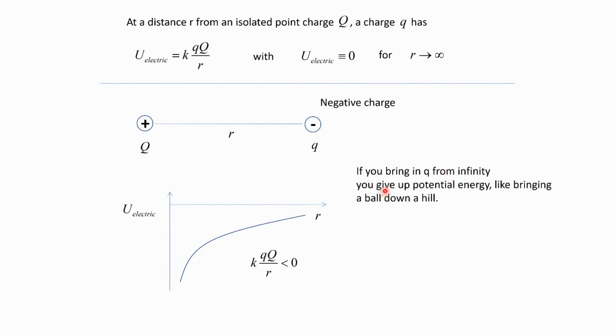If you bring in a charge from infinity, you give up potential energy, as if you were taking a ball and moving it downhill. If you let it go, it will fall in. It will be attracted to the big Q charge, which is positive, spontaneously move in, and so move towards lower electric potential energy. And so you see, getting closer means you go to more negative values of the electric potential energy.